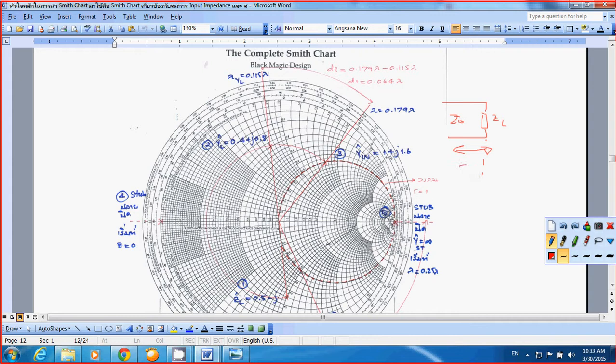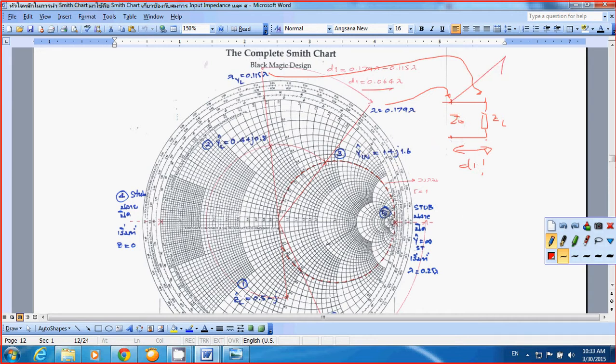This is your D1. Okay. Because this is the reference point, I just point you out. This is your load admittance, and this is the position that you will bring the stub to connect to the transmission line here.